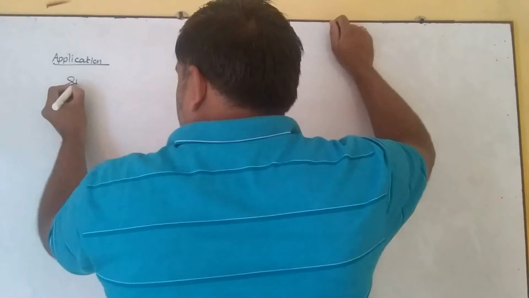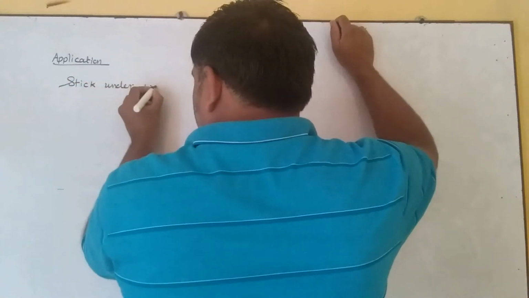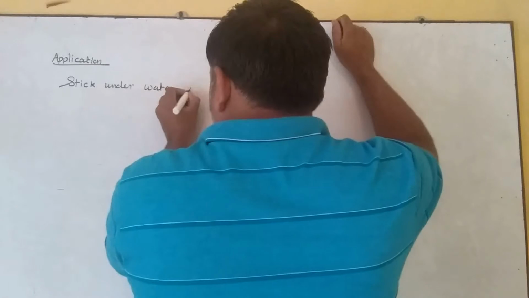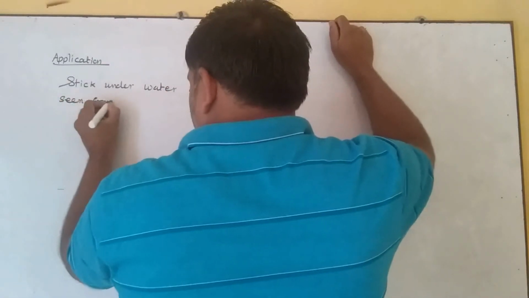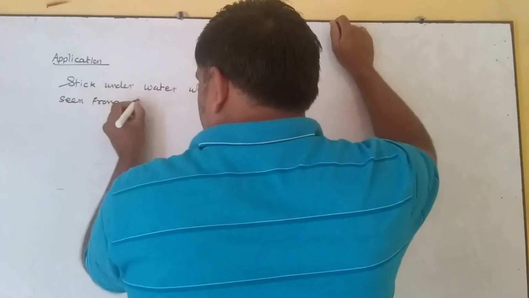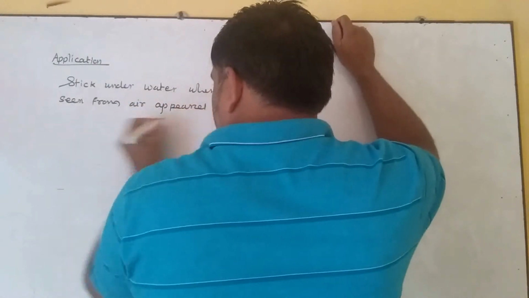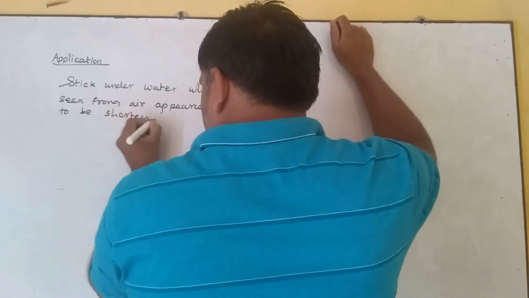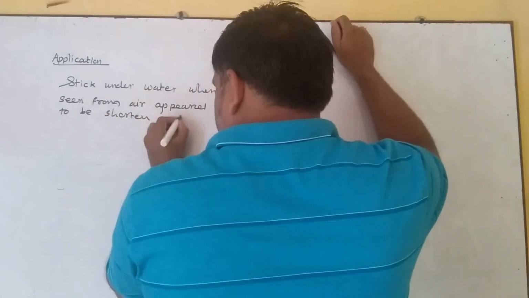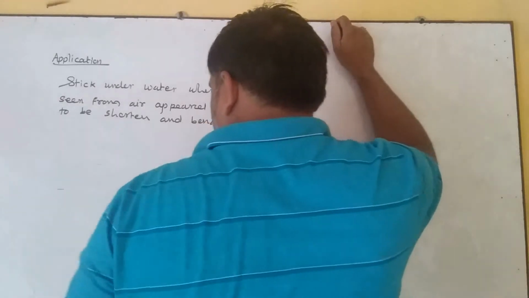If we insert a stick under water, when seen from air, it appears to be shortened and bent. Appears to be shorter and bent.